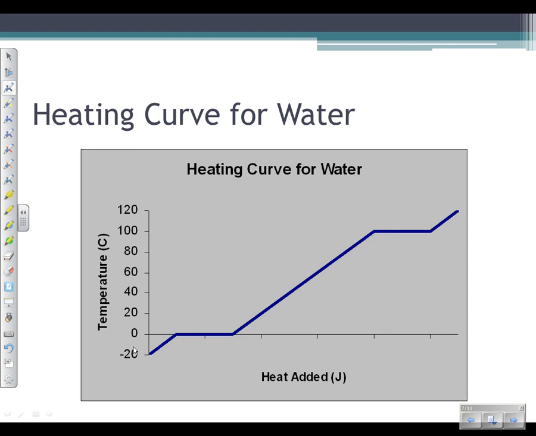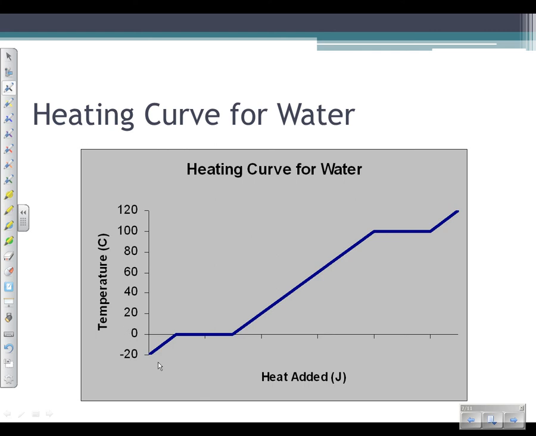If we add energy, the particles are going to move faster. But during this section right through here, what do you see is happening at that point? The temperature is constant, staying the same. But are we still putting energy into that system? Yes.